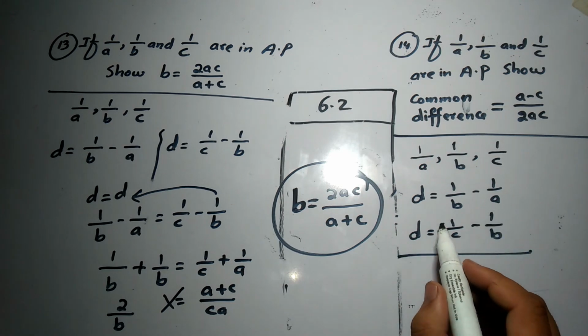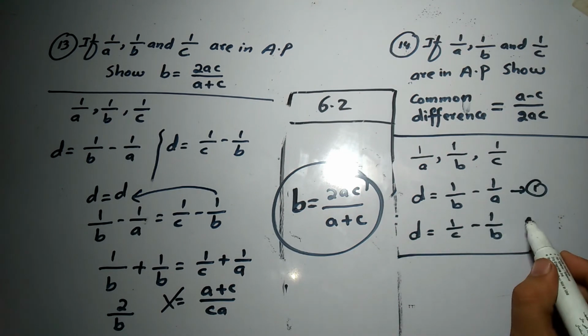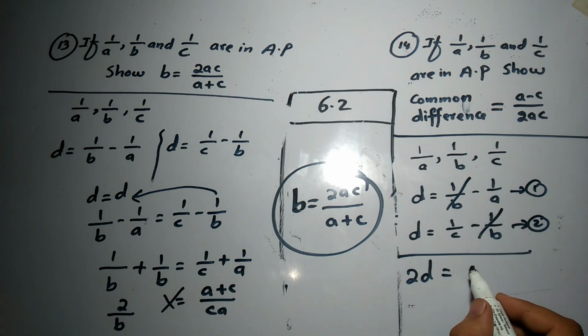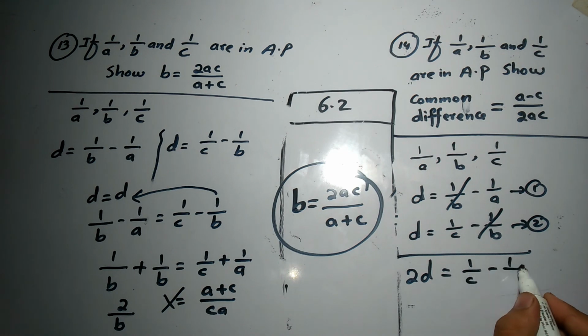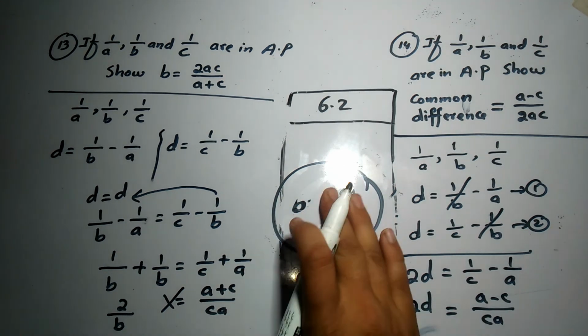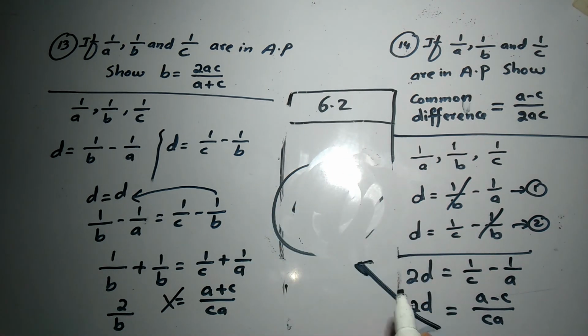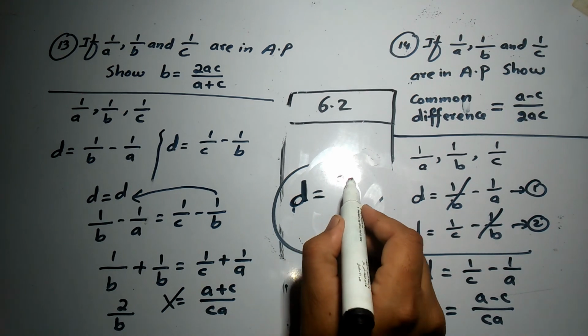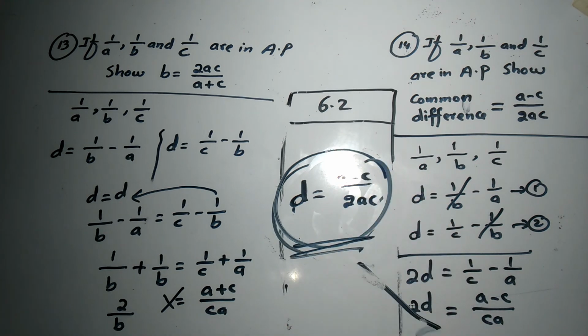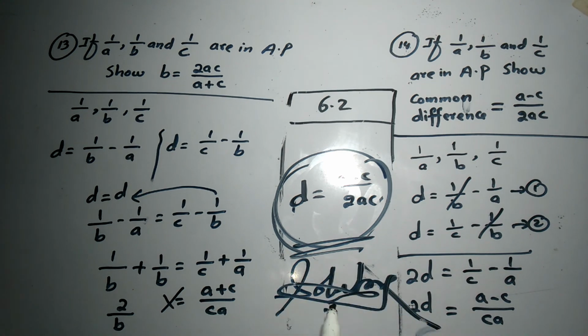If we add these two equations, equation number 1 and equation number 2, 2d will be equal to, this will be cancelled out with this, 1 over c minus 1 over a. So this will be equal to a minus c over ac, that is 2d. So d will be equal to a minus c over 2ac, which is the value of the common difference d. This is the proof of this exercise. This is the complete solution of exercise 6.2.